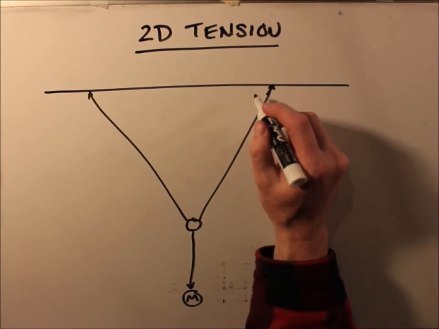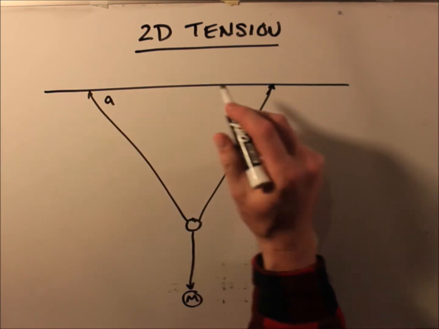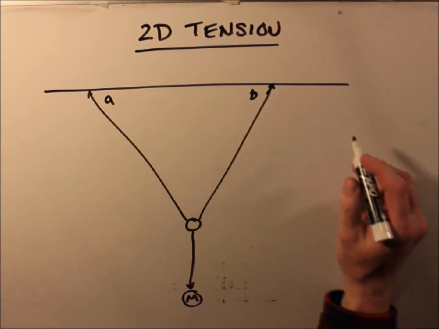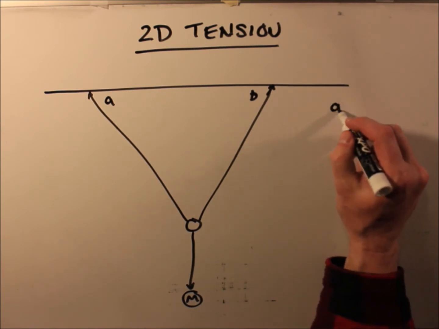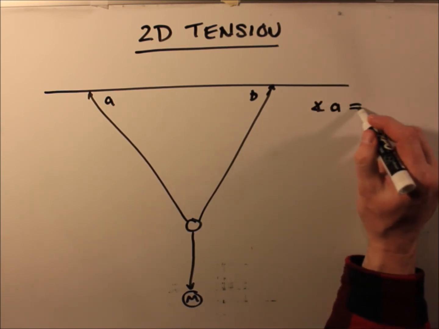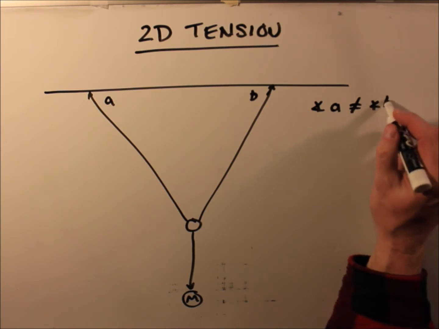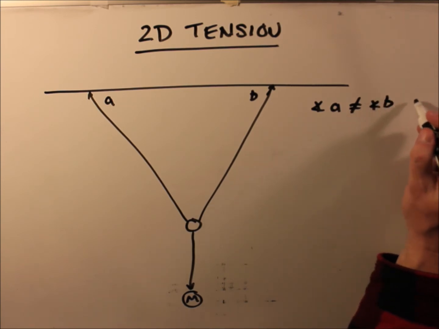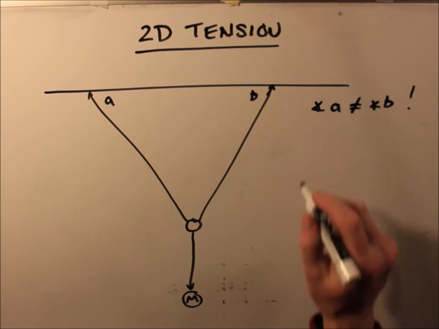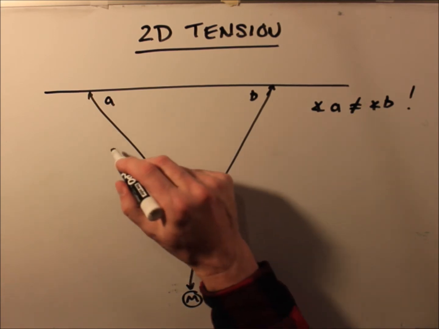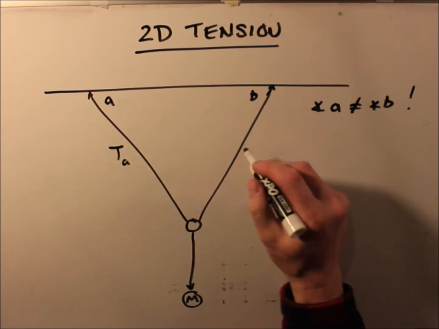And we'll have angle A and angle B. So what we're going to say here is that angle A is not equal to angle B. So you have to make sure you remember that. And often we ask, so this is TA, TB.